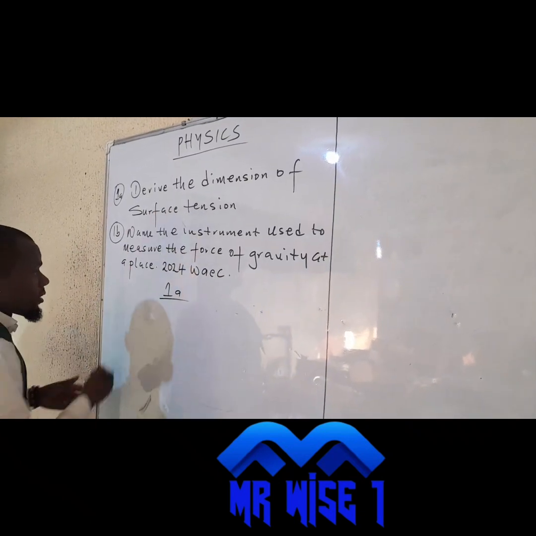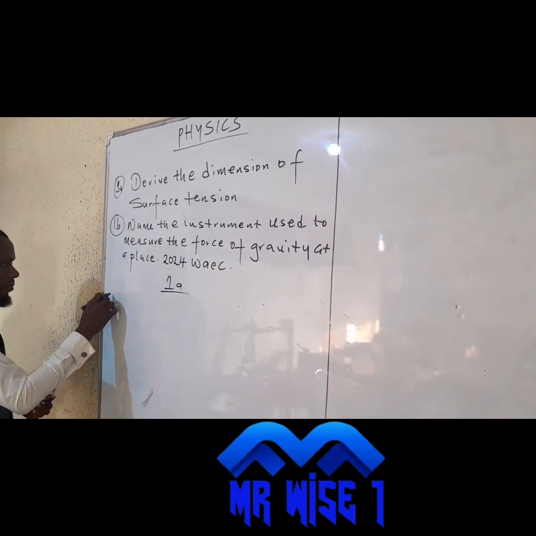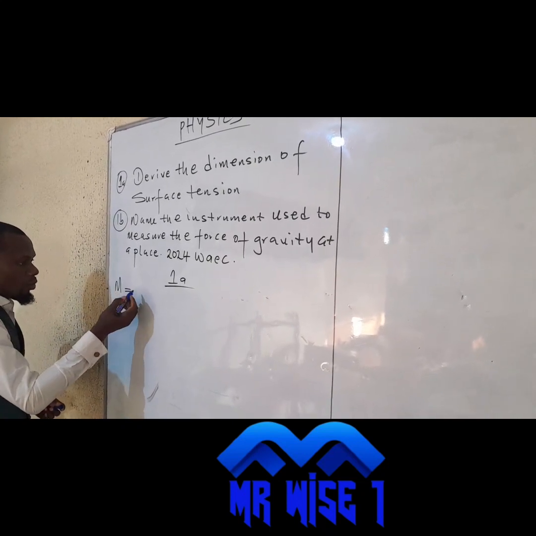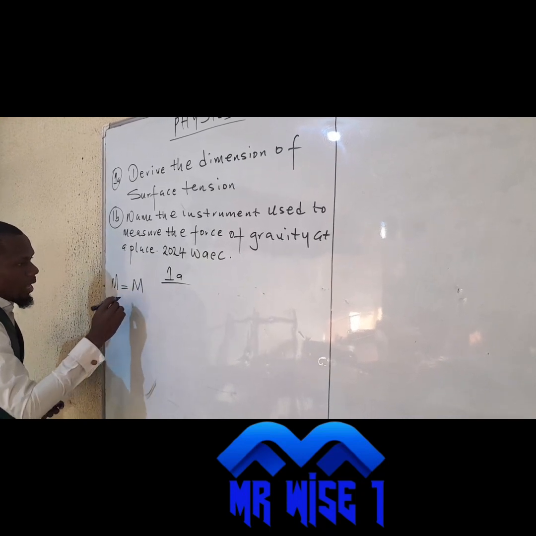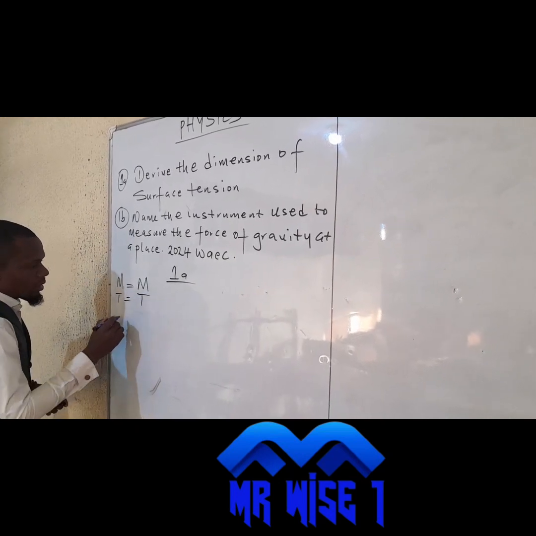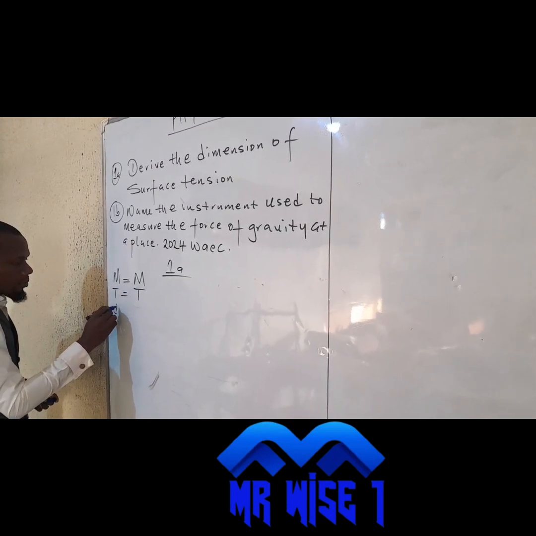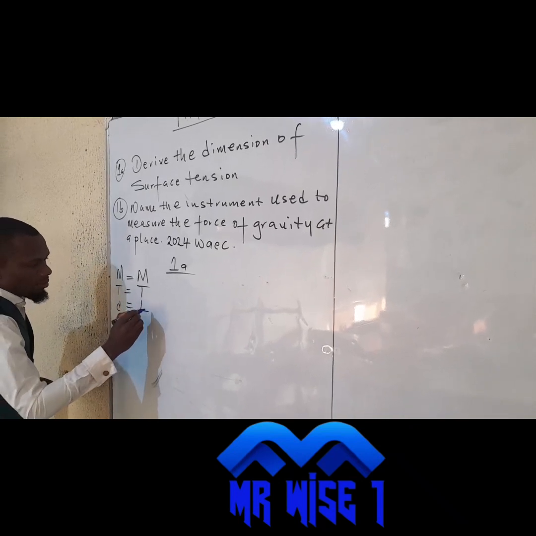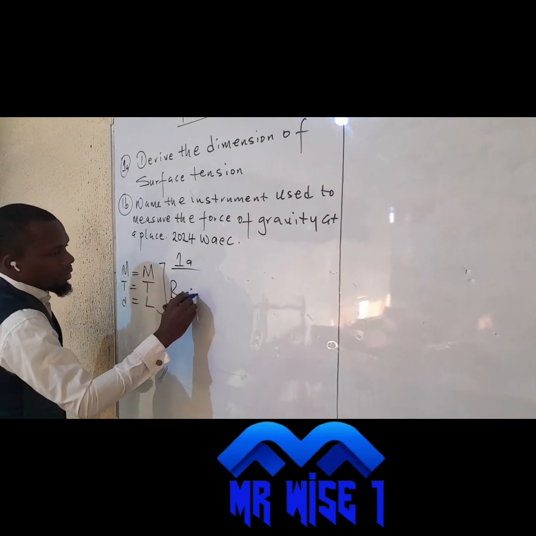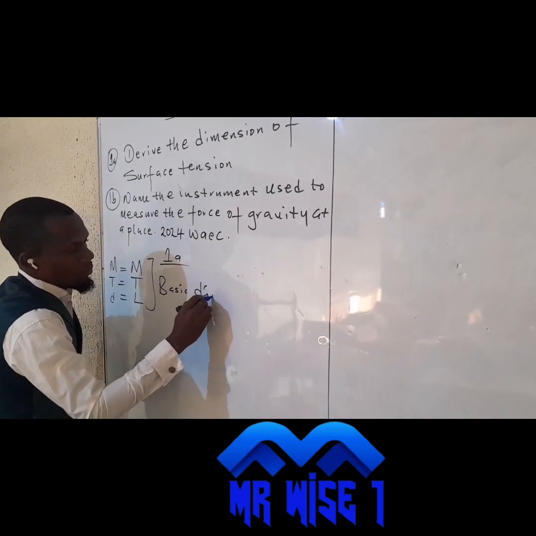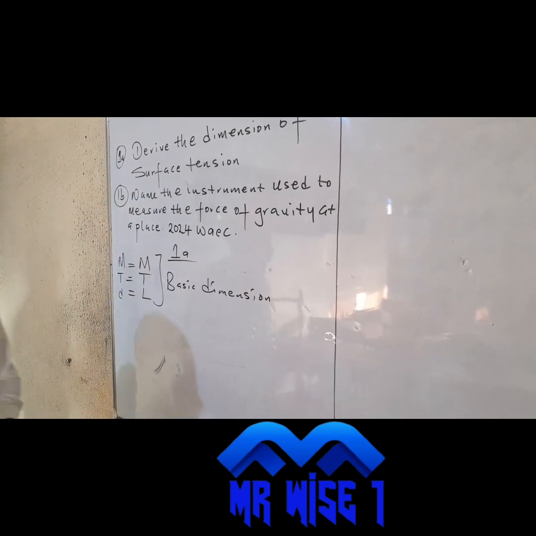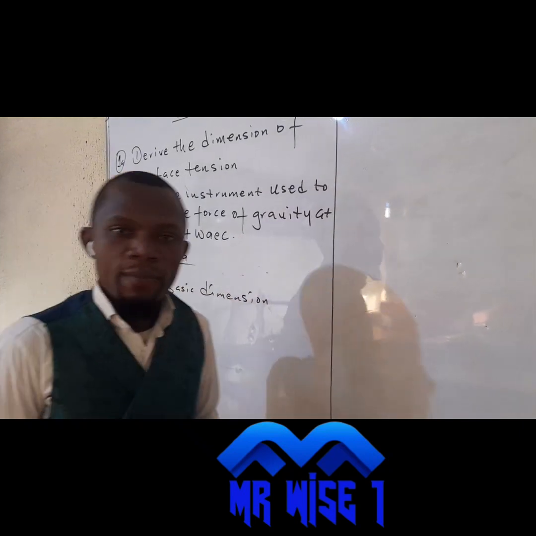Before I solve this, I need to bring out my 3 basic dimensions: my mass, capital M; my time, capital T; and my distance, L. We call these the basic dimensions. With the help of these basic dimensions, I can solve any problem involving dimension.